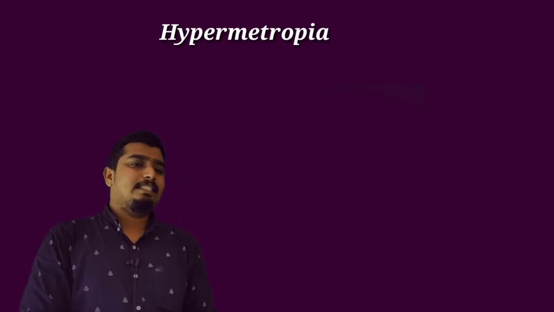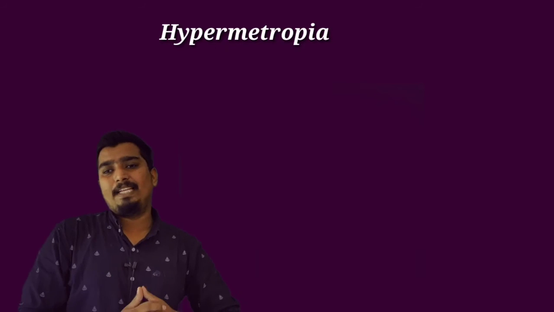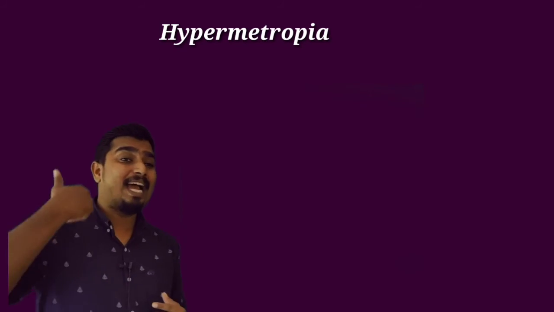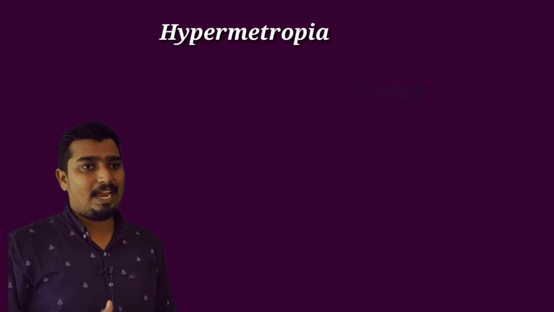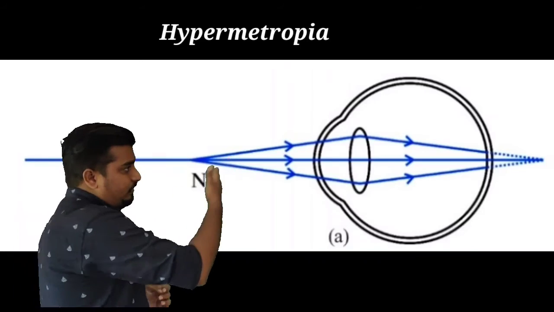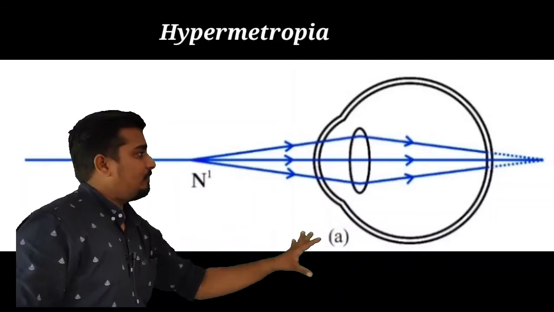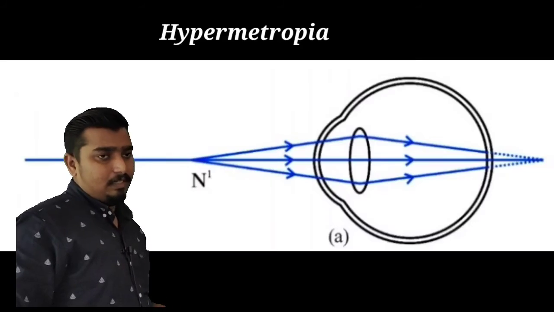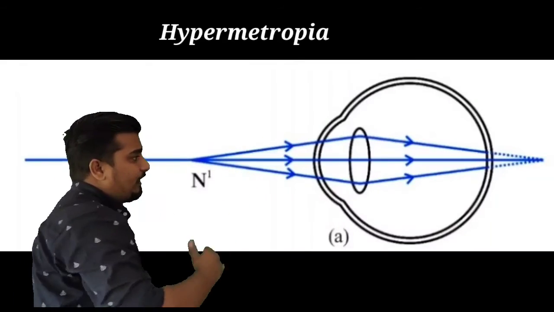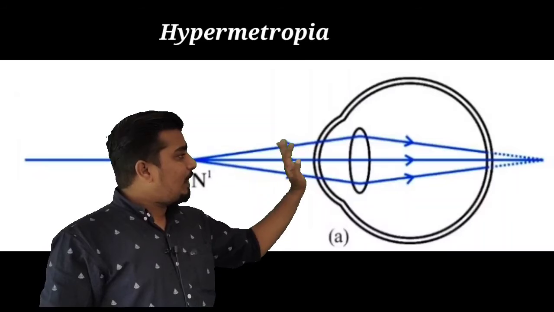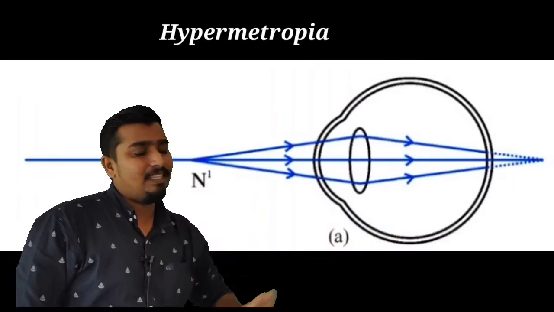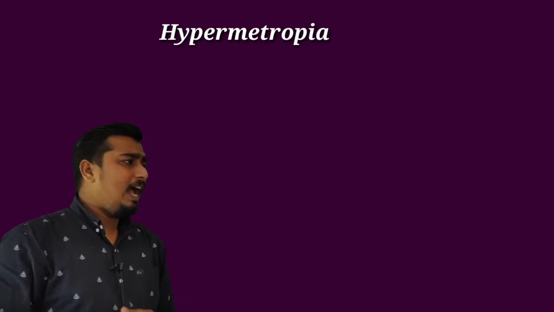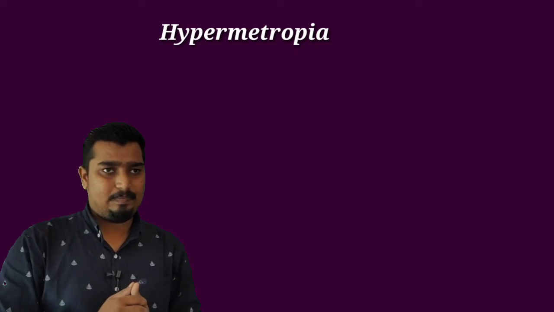Clear? And in this case, the image of the distant object is formed behind the retina. You see the ray diagram of this defect, the hypermetropic eye. In this diagram, we see the image is formed behind the retina. And what is the cause of this defect?